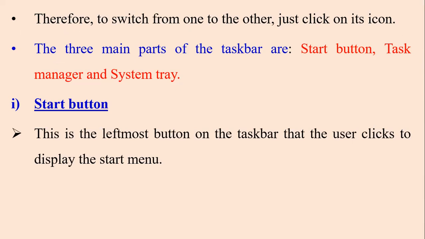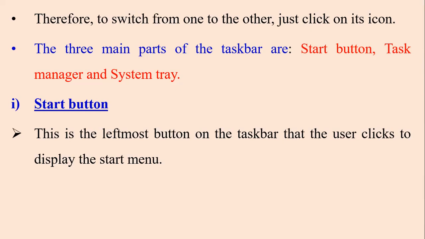This is the leftmost button on the taskbar that the user clicks in order to display the start menu. My dear students and the rest of the learners, I would like to inform you that the list of items that appear as part of the start menu will depend on the operating system that you are using.